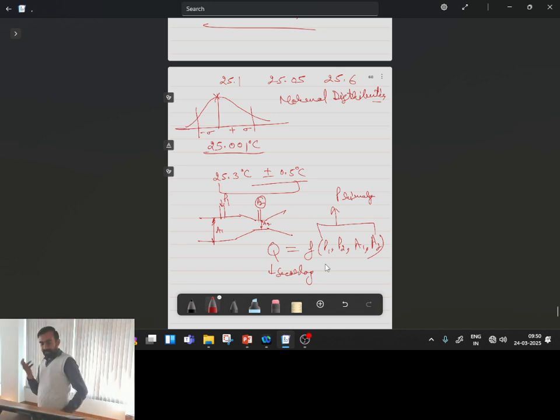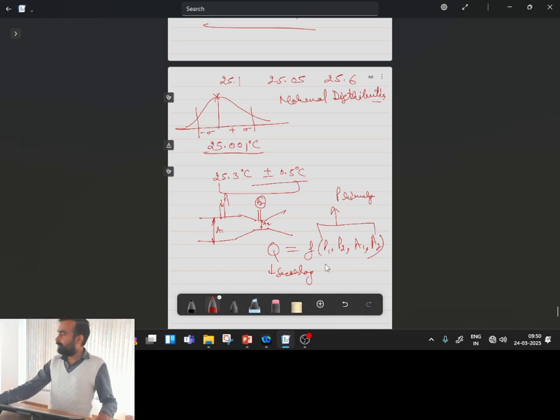If our primary quantities have some uncertainties associated, then the secondary quantity I calculate using all these primary measurements will also have a certain amount of uncertainty. So in order to estimate the uncertainty in my resultant quantity, we have to do uncertainty analysis.